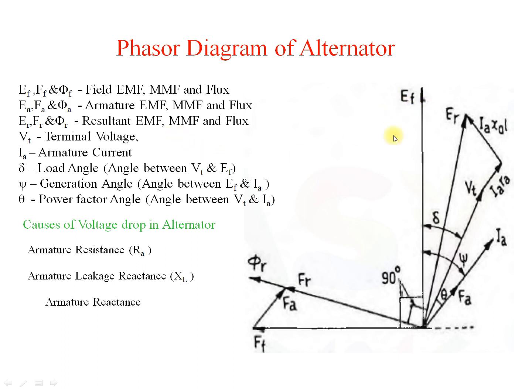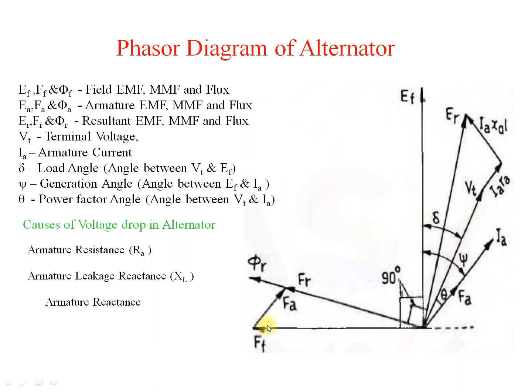The field flux is represented here as an MMF. The MMF will be in phase with the flux of the field and the armature. So we will take the MMF as the reference here.